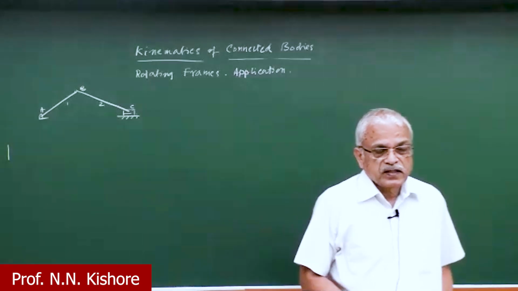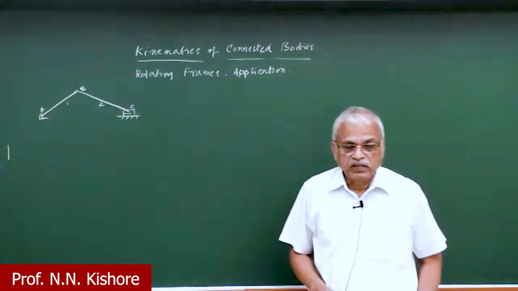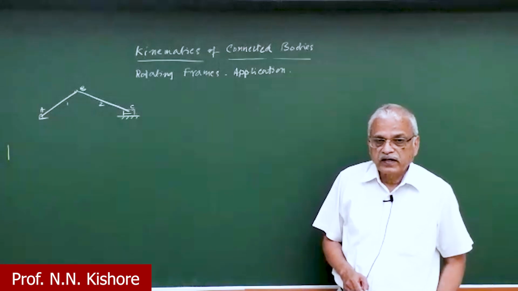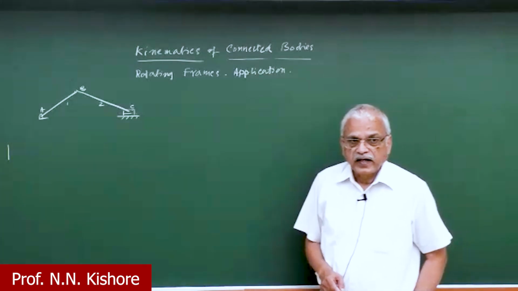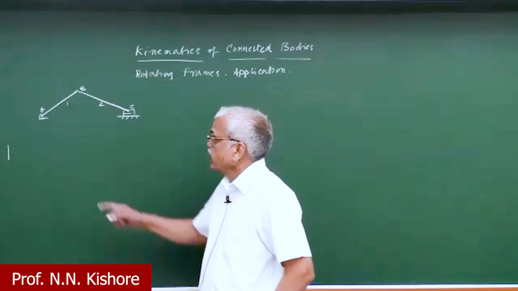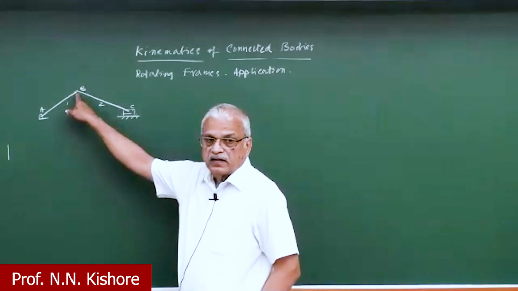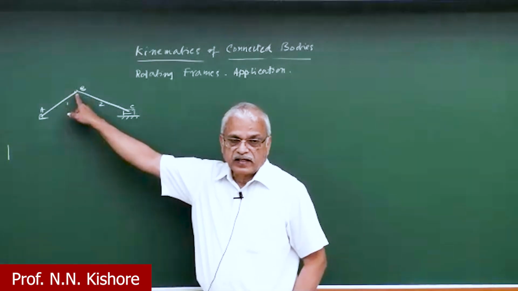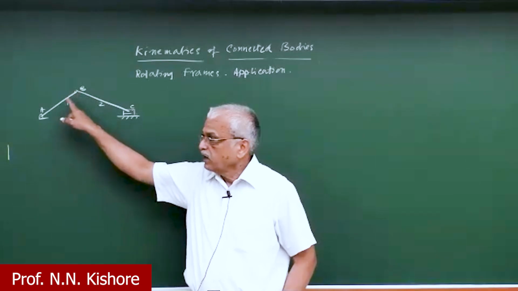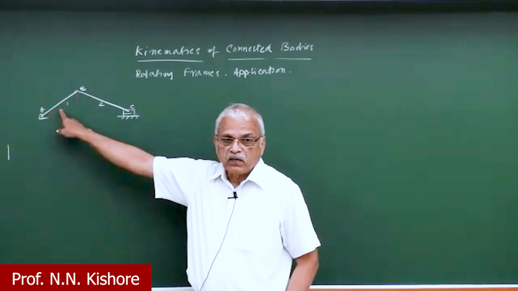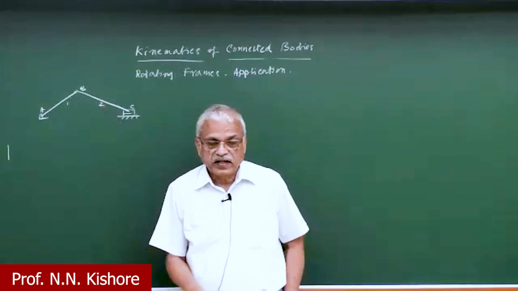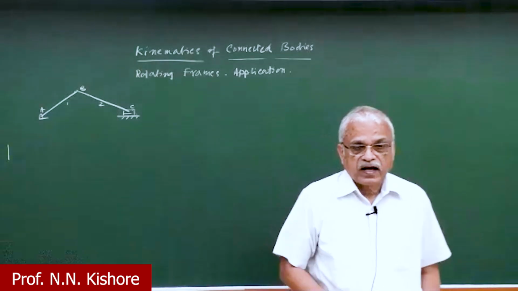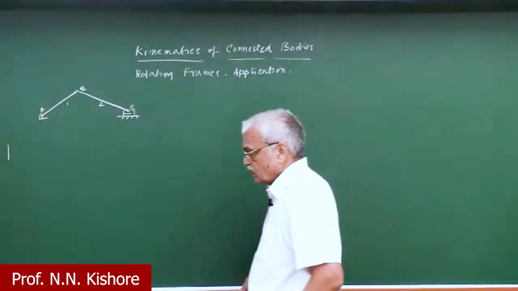So a hinge is a common point. This B point is common to both bodies 1 and 2. And the velocities and the acceleration of this point B, whether you consider it as a part of 1 or as a part of 2, will have the same values.